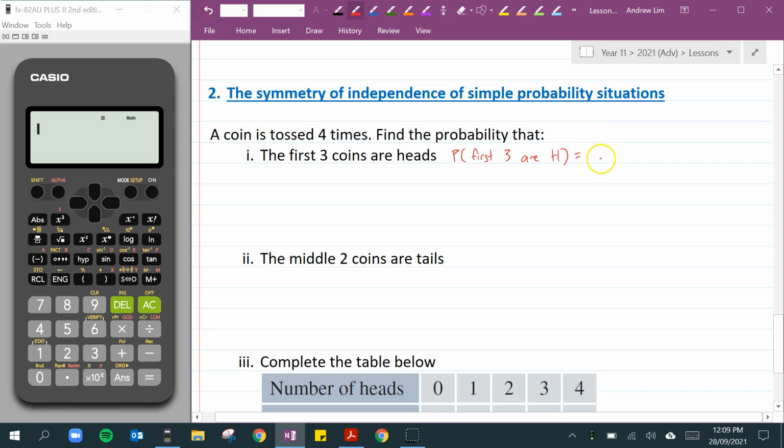The probability that the first one's heads is half, times the probability that the second one's a head is also half, times the probability that the third one is also a head is half, times, well, it doesn't matter what the fourth one is, so I'm just going to times it by 1. So here we've got half times half times half, which is 1/8.